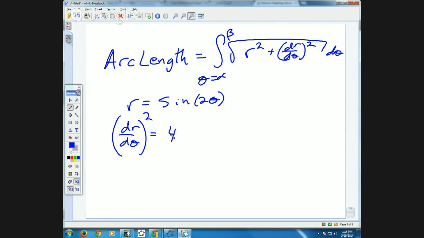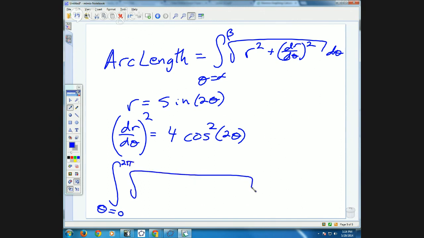So that's going to be 4 times the cosine squared of 2 theta. So that means my integral, if we go with what we did before, theta goes from 0 to 2 pi, square root of the sine squared of 2 theta plus 4 cosine squared of 2 theta.